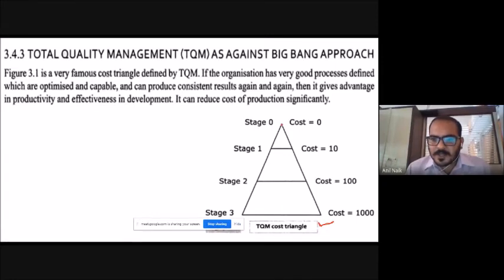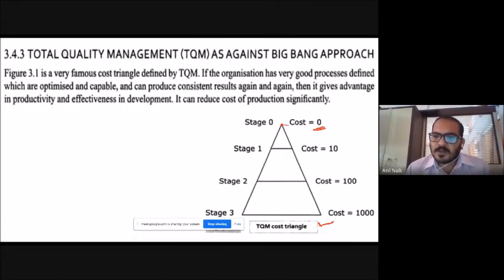If the defects arise in the initial stage 0, then the cost will be 0, because there are no defects, no cost. We are not reworking on the project.